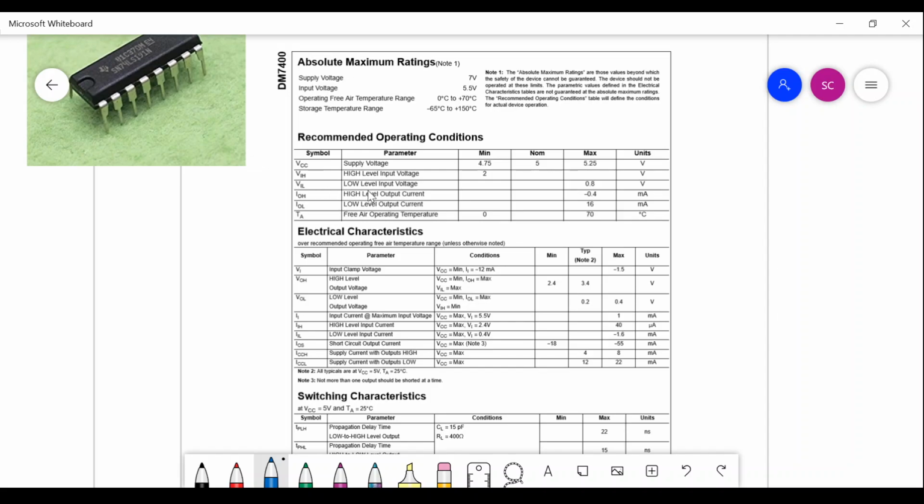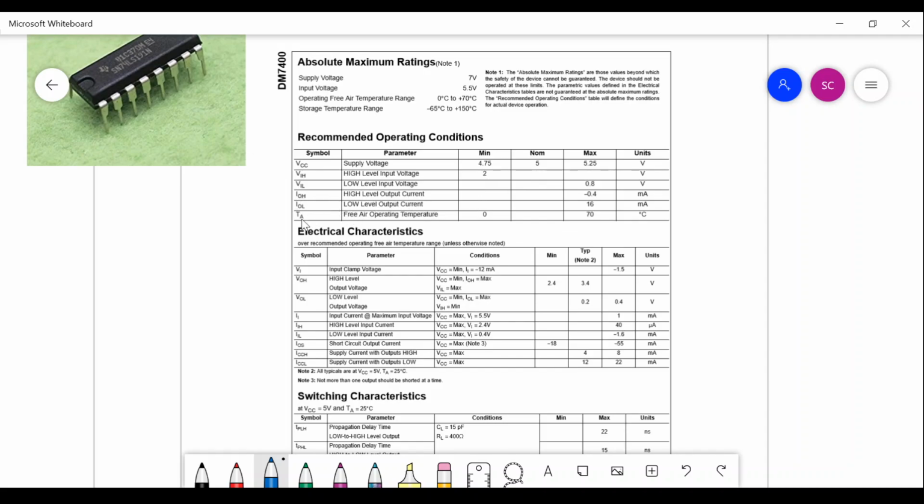and you can also see you have this low level input voltage. So the maximum is given for the low level input voltage. So 0 to 0.8 is considered as the low voltage, and what is the high level input voltage? That is from 2, the minimum has been given. From 2 to 5, it is the high level input voltage.